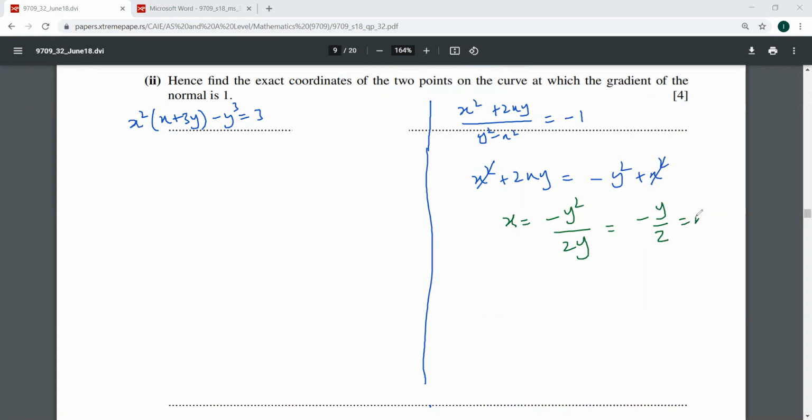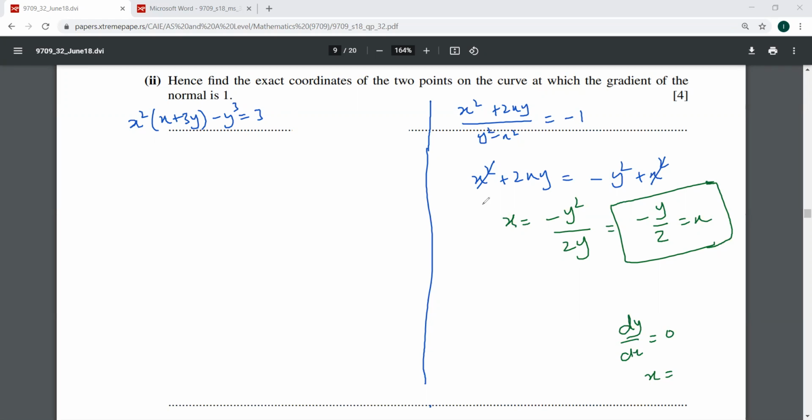That is your x. Students, this is exactly the same way as in your P1, when you put dy by dx equal to 0, you used to get x directly, one or two values of x, and you used to put that x back into the original equation, and that gave you the corresponding y coordinates.